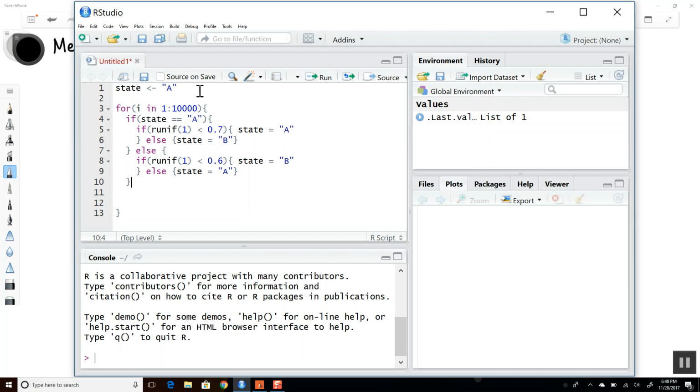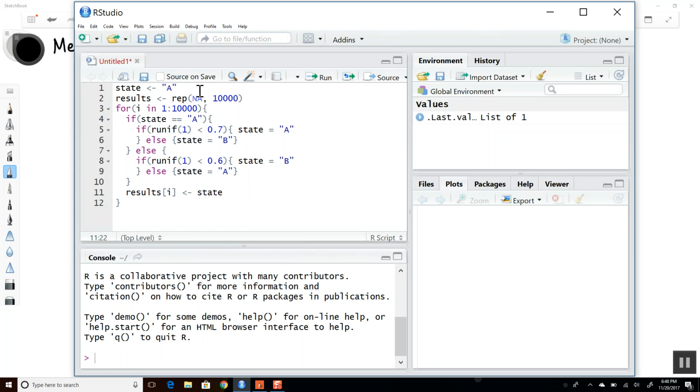And then to keep track of this, I'll create a results vector of length 10,000, and results i will be whatever state we have.